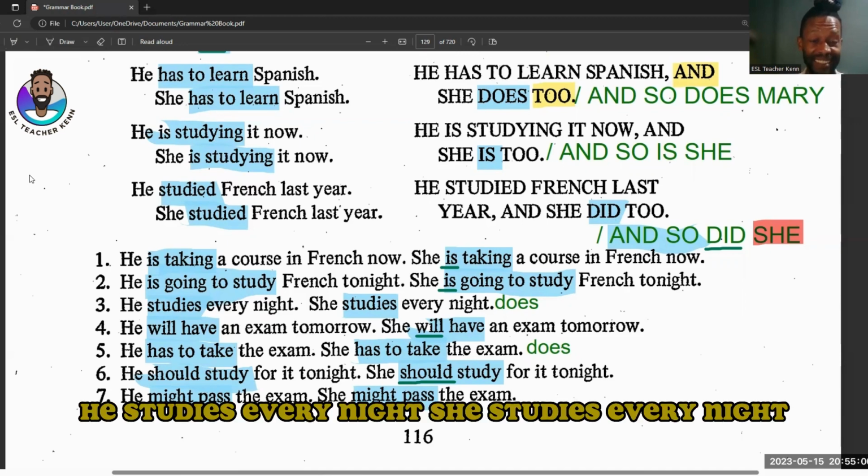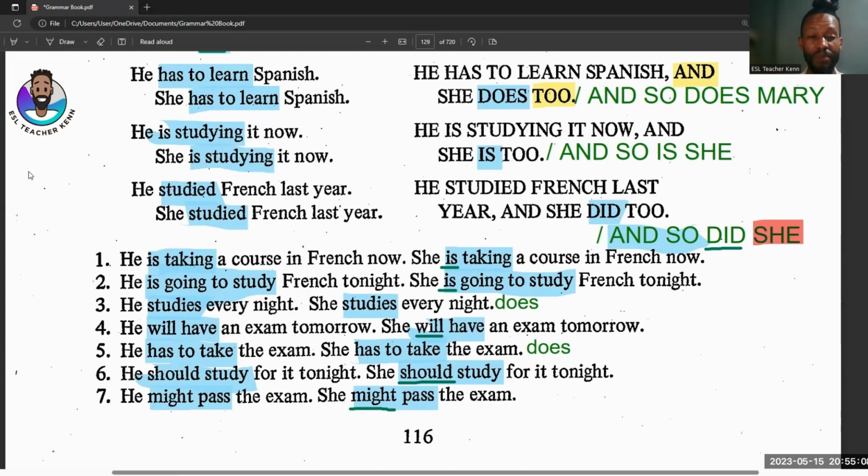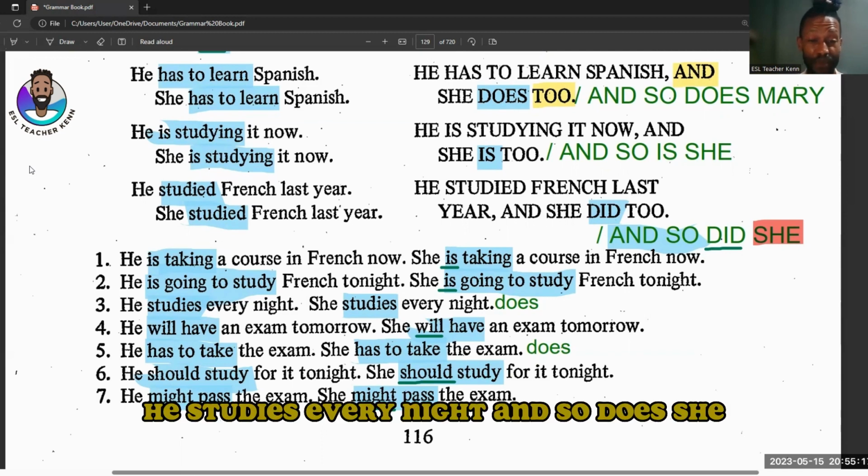He studies every night. She studies every night. He studies every night, and so does she.